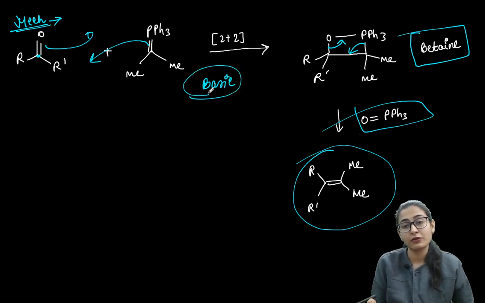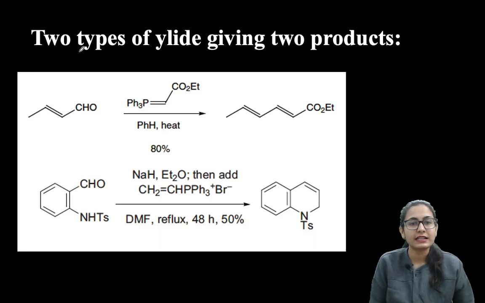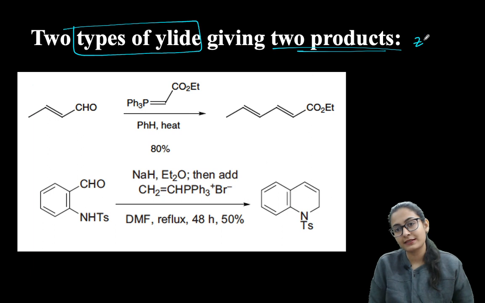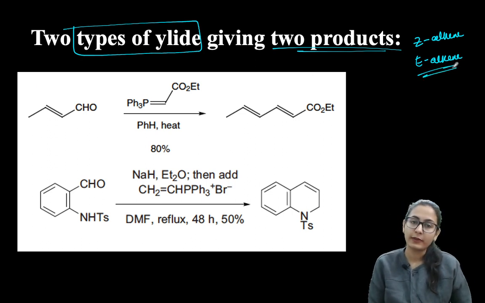But we also have to talk about the stereochemistry. So let's move onwards quickly. That is, you have two types of ylides, and that gives you two different products. So what are the two different products? It would be the Z alkene or the E alkene. Okay, so these are two different products that you might get.